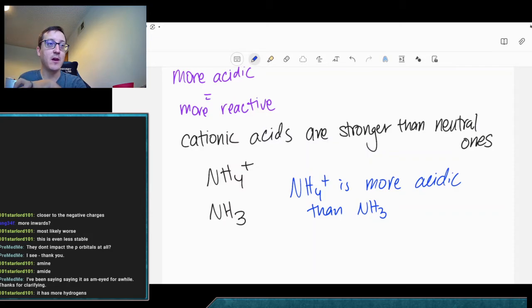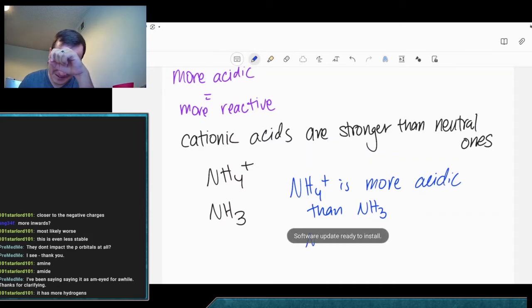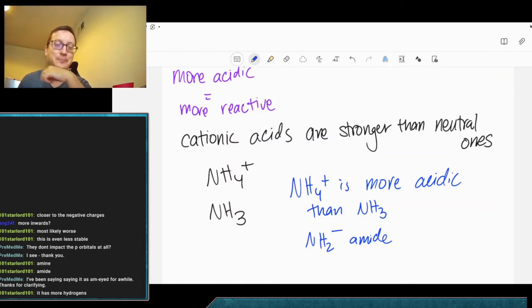Because if we take away one hydrogen from each molecule, we end up with ammonia from the top case, and we end up with, this time it's an amide. NH2 minus is amide, pronounced that way. Isn't that nice? But let's not worry about that. But if we make it negative, that's less stable than just making it neutral, right? So we're going to see that cationic acids are going to be more acidic than their neutral counterparts. All right, perhaps the most obvious of all of the categories we're going to talk about here.